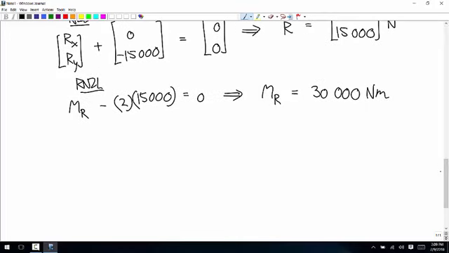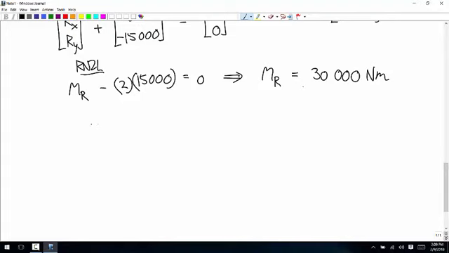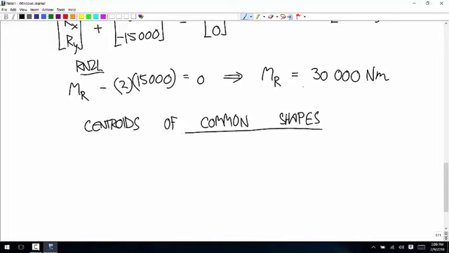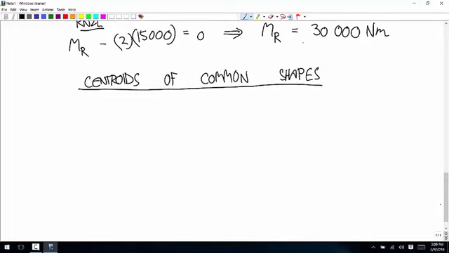Okay, so we need to know the centroids of a few shapes. Here's a list of just the 3 centroid shapes that we're going to use. So centroids of common shapes. The first one is a right triangle. So this is 90 degrees.